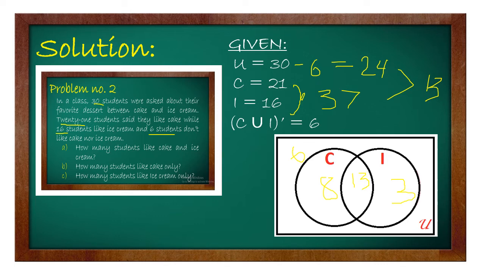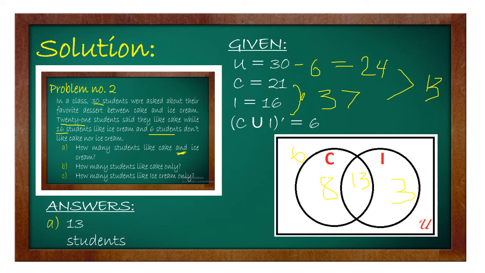For letter A, how many students like cake and ice cream only? Take note, we are looking for the cake and ice cream only. Sabi natin, ang N stands for intersection. So, what is the intersection of set C and set I? And that is 13 students.